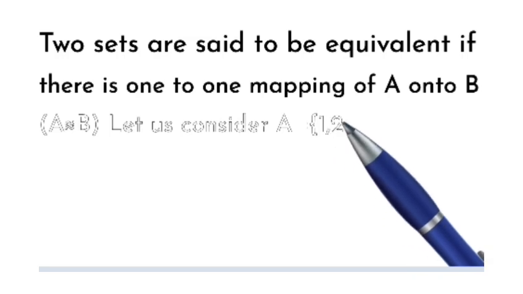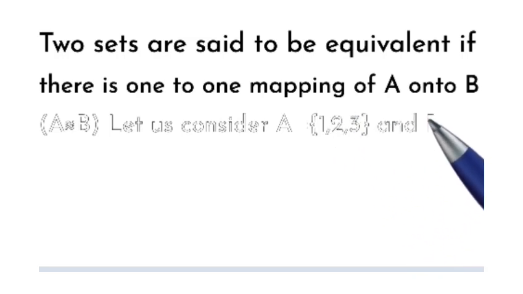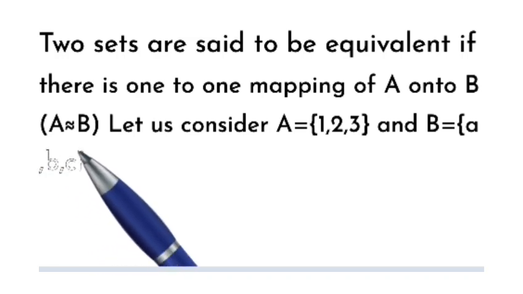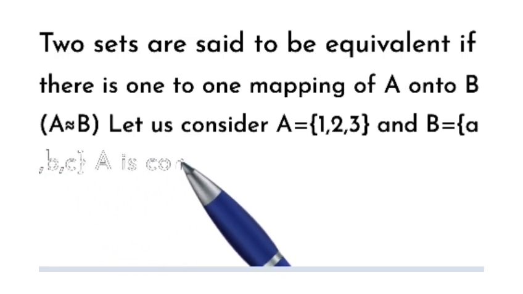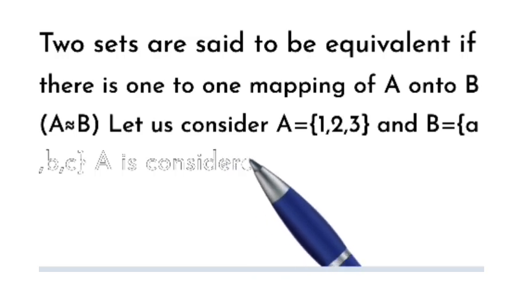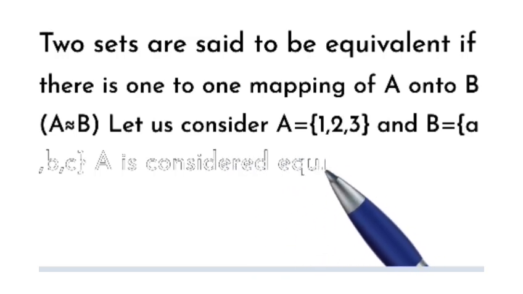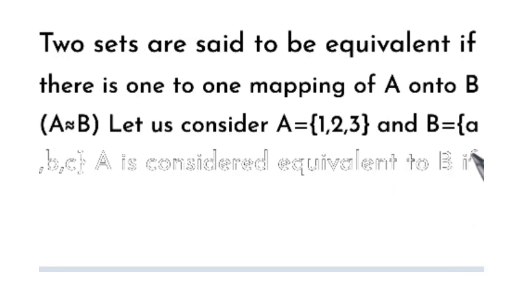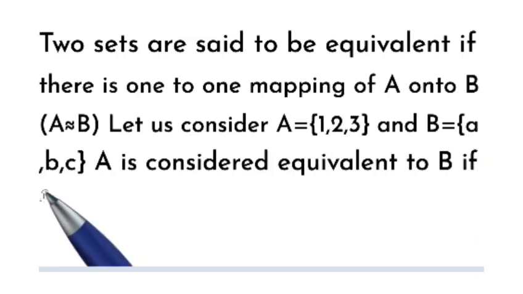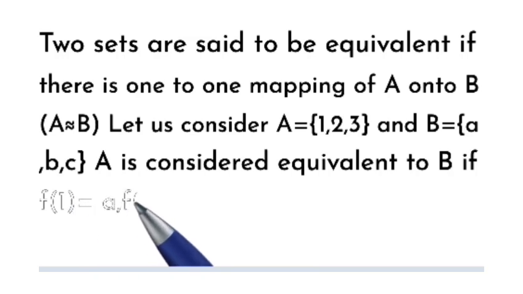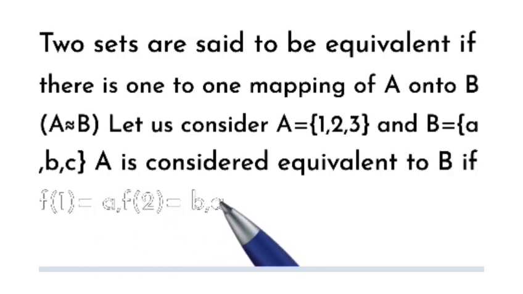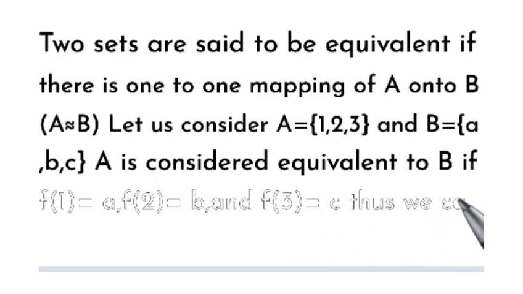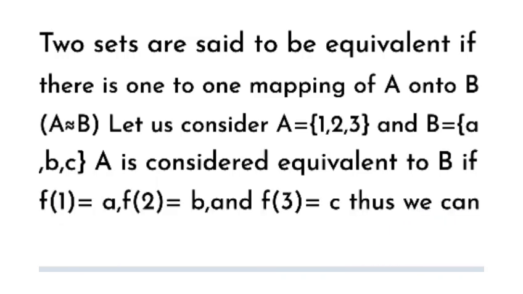We can say A is in one-to-one mapping with B if the function that relates A to B gives a unique element in B for each element of A. For this example, when the variable is 1, f of 1 gives us a in B. f of 2 gives us b, and f of 3 gives us c.